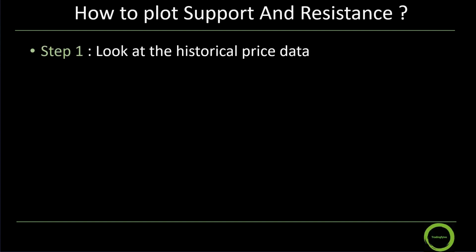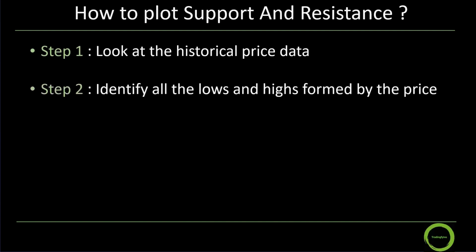Now there are many software and many websites that provide you the historical price data of any particular stock for free, like investing.com, TradingView. From there you can derive the historical price data of the stock for the purpose of analysis. Step 2 is to identify all the lows and highs which are formed by the price.